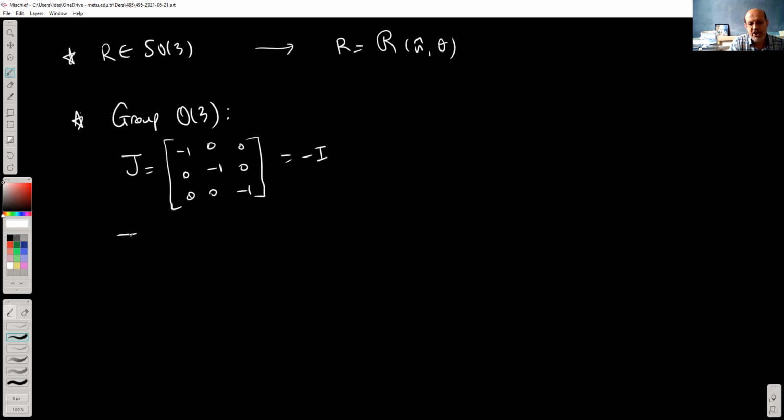So J is called the inversion. Some people call this parity. No, it is not. The correct name is inversion. Parity is basically the eigenvalues of some representations of this inversion operation, right? But it is something which is related to parity, right?